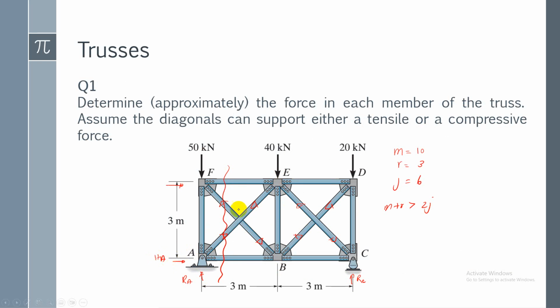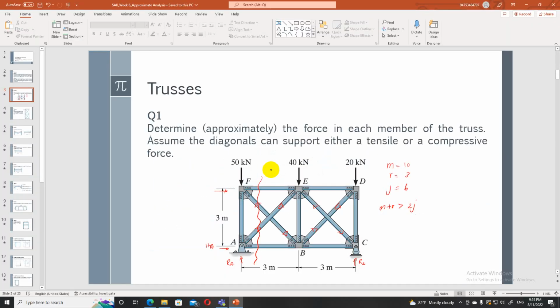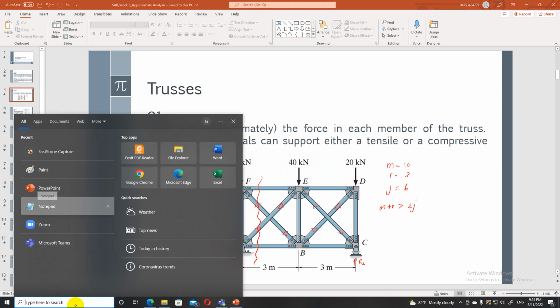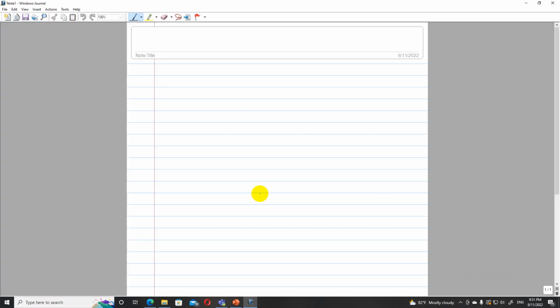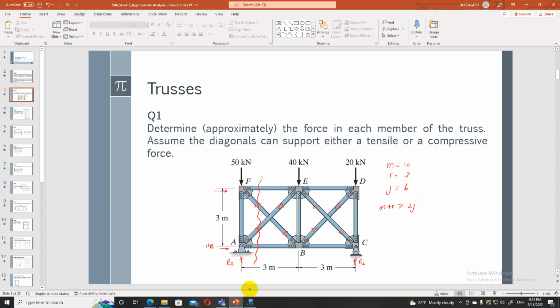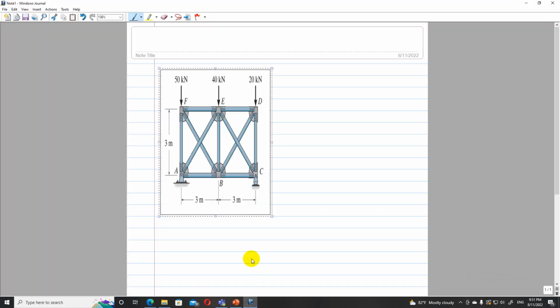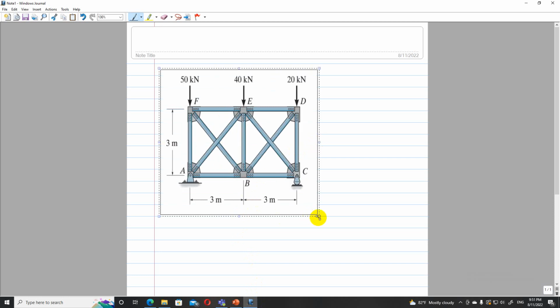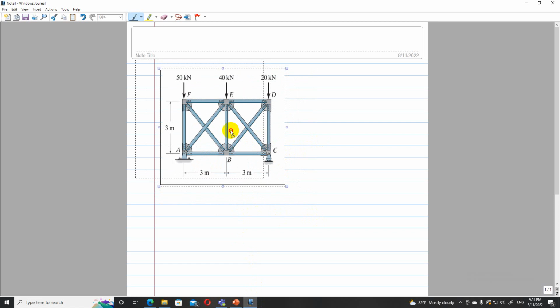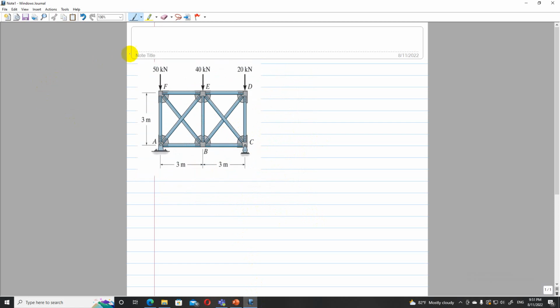Let me take it to the approximate analysis.